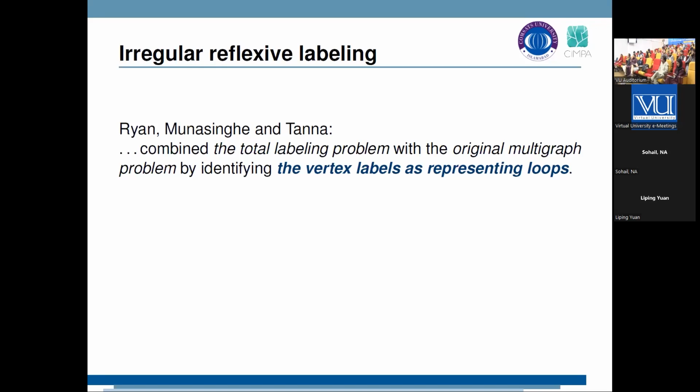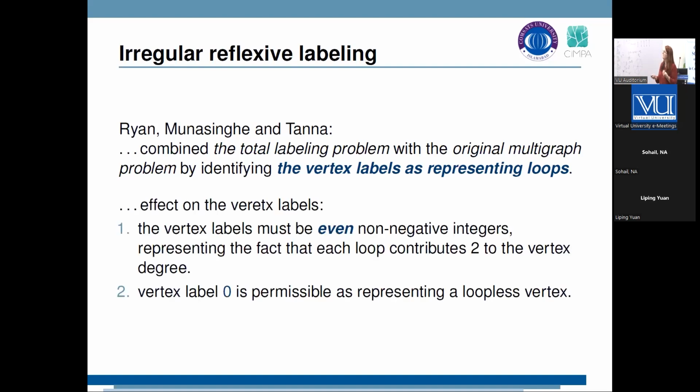We know that for the degree problem, the label of the edge corresponded to the number of parallel edges. And now we need to associate the vertex label with something. What will it be? The vertex label will somehow represent loops. But what does it mean?